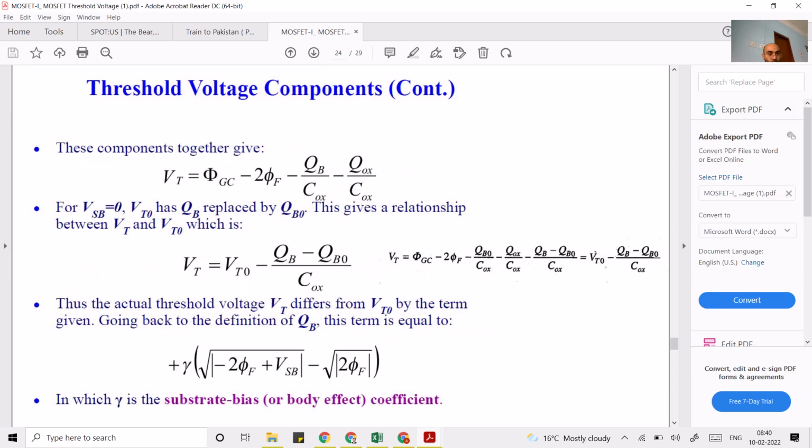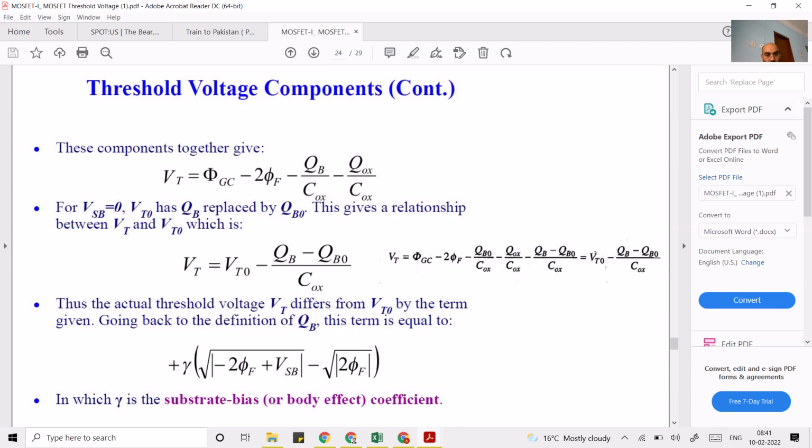These are the four things: phi gc, the work function difference, then the surface inversion component, then the depletion region component, then the trapped charge component, and all of them had this minus along with them. So if you add them up together, this minus will come. Actually we are not subtracting, we are adding them up together. So this is the general equation of threshold voltage.